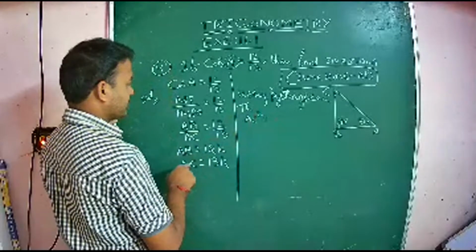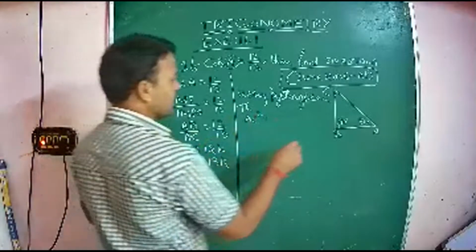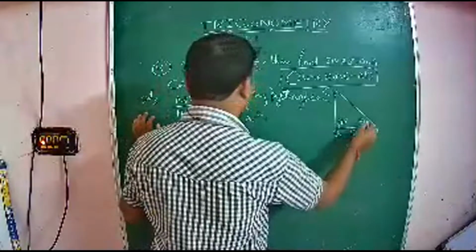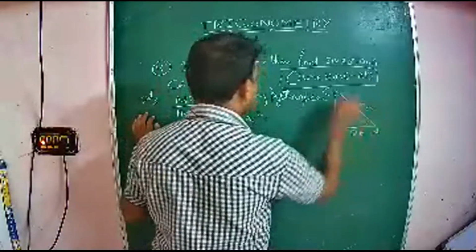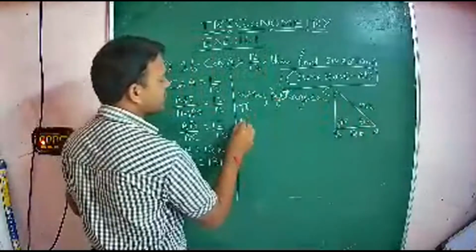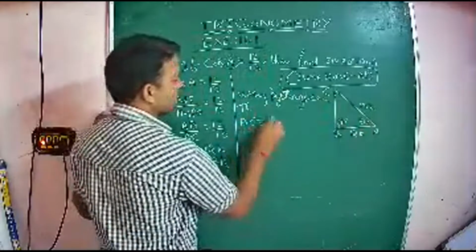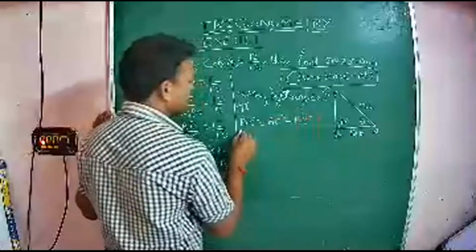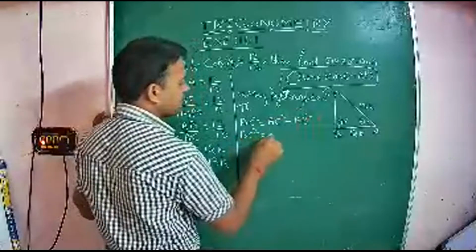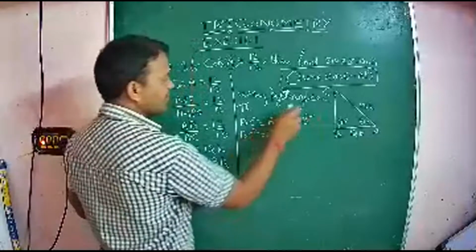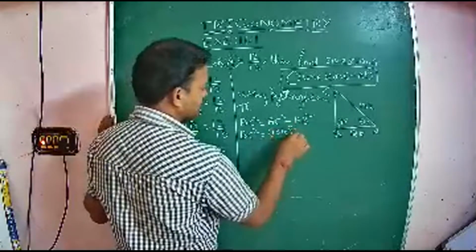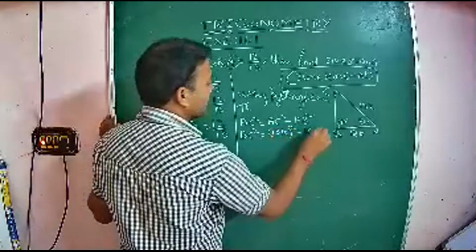Cos A is nothing but AB, where AB is 12K and AC is 13K. Clear? Now I want BC square. BC square is equal to AC square minus AB square. So BC square is equal to 13K whole square minus 12K whole square.